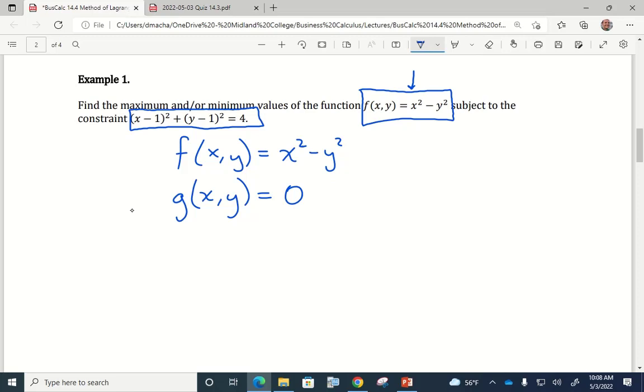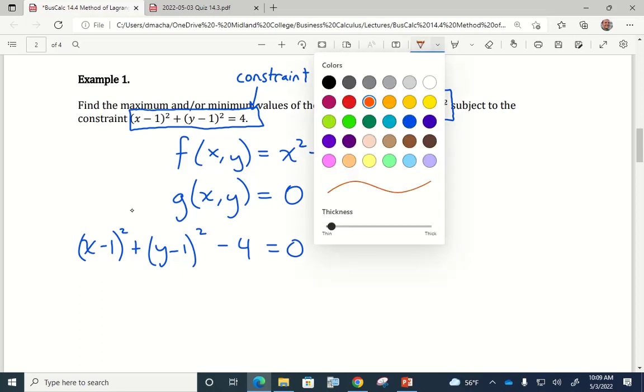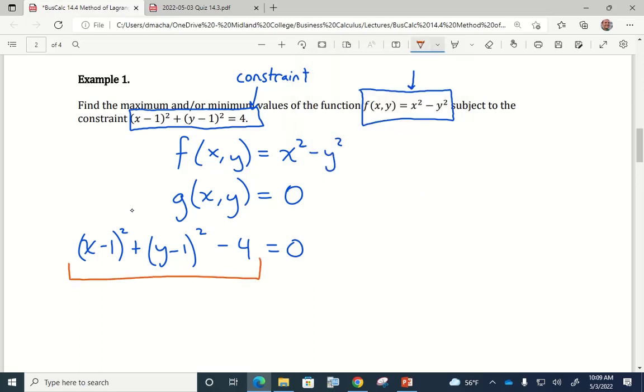The way that it's given to me, this constraint does not have a 0 on one side of the equation, but it's actually really easy to fix. We can write x minus 1 squared plus y minus 1 squared minus 4 equals 0. So if I subtract 4 from both sides of that constraint equation, now one side of the equation is 0, and it means that this left side of the equation is what I'm going to call g of x comma y.